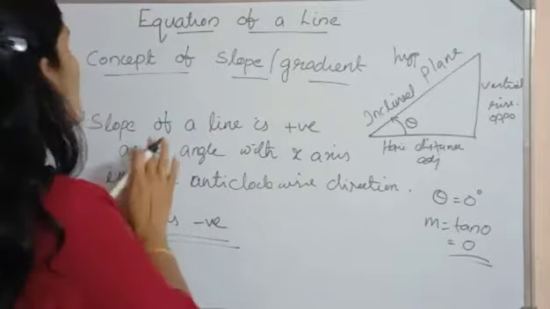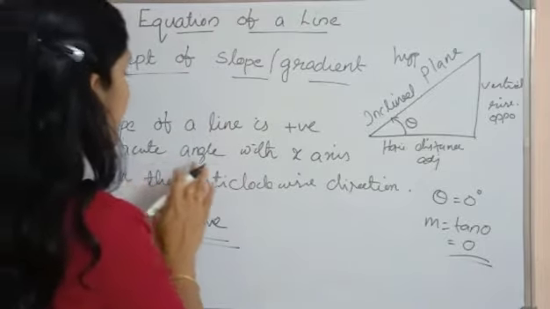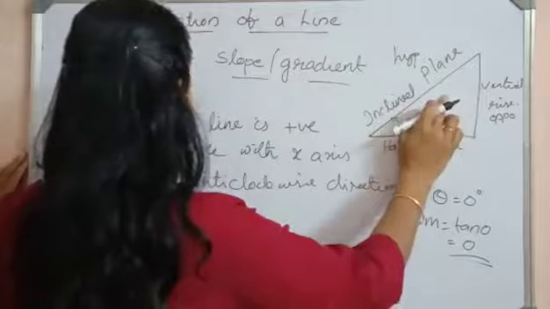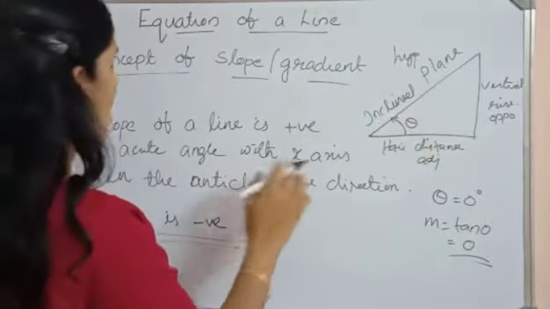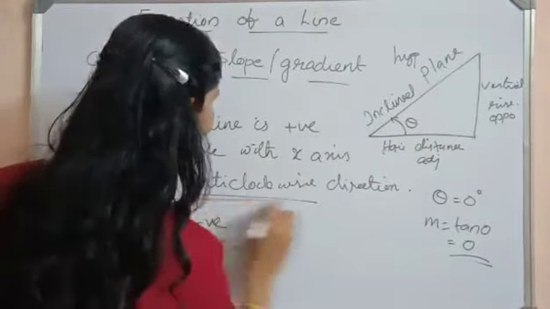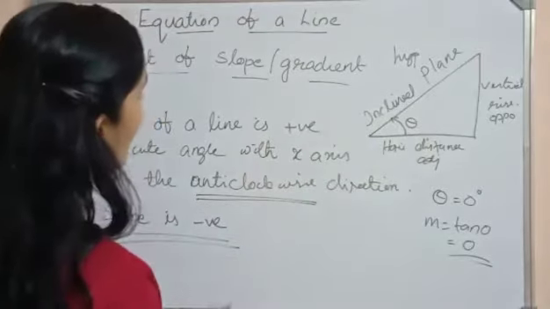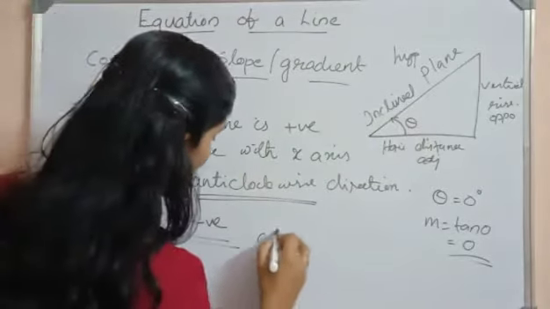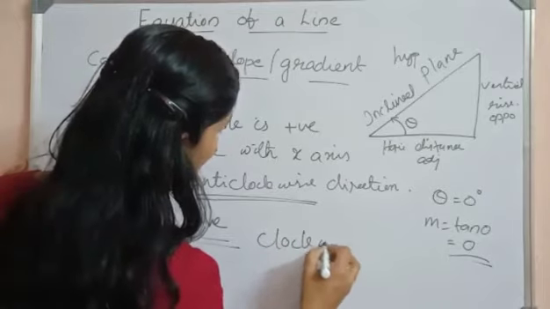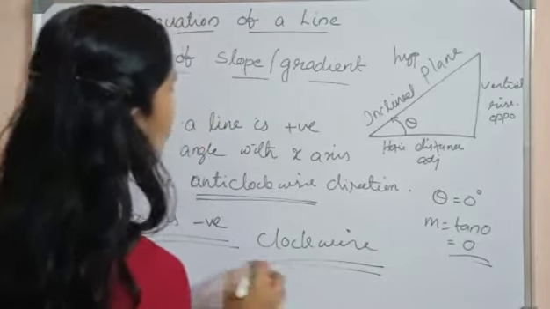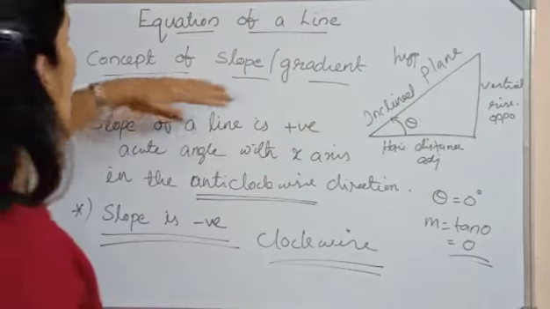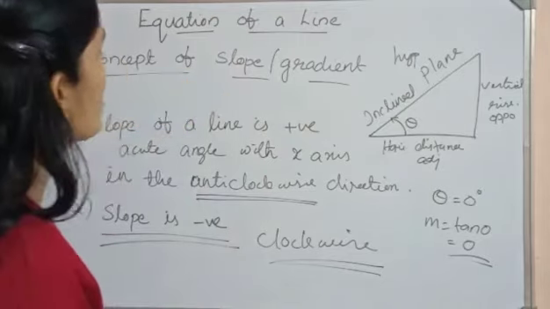And the slope of a line is positive only when the inclined plane makes an acute angle with the x-axis in the anti-clockwise direction, and the slope is negative when it makes an acute angle with the x-axis in the clockwise direction. These are the 4 points we need to remember when we discuss about the slope.